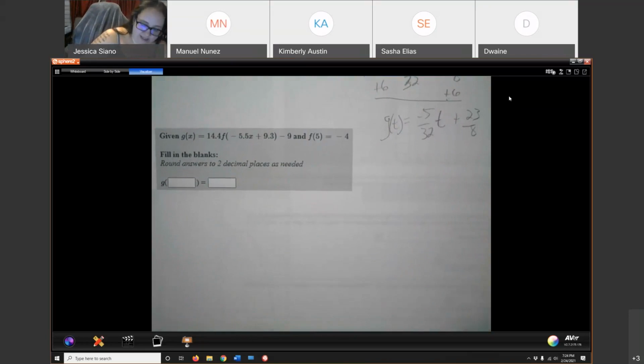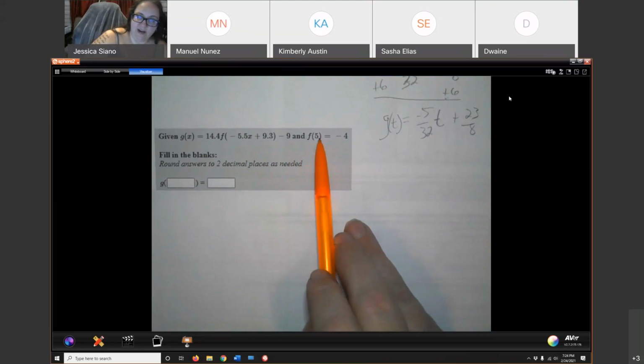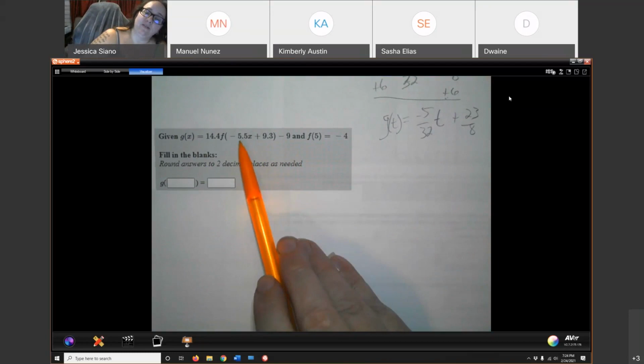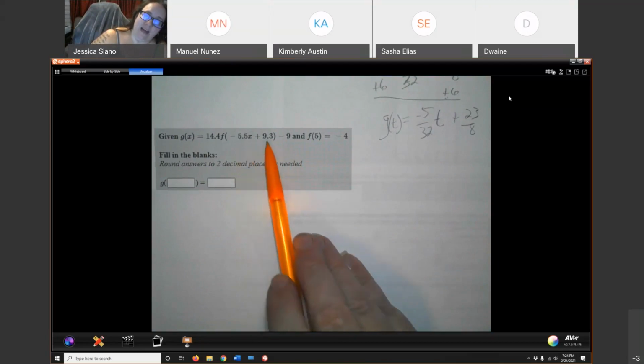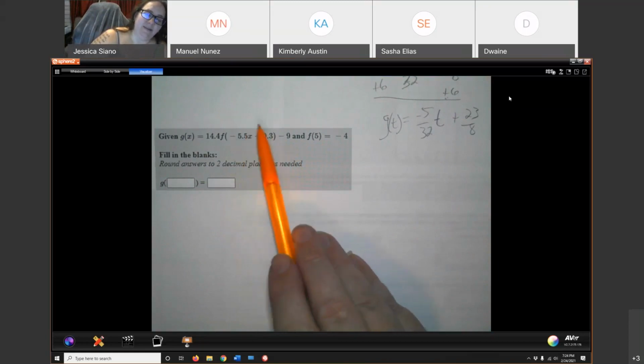All right, so for this next one, when we have this weird transformation rules question, you start on the inside here. And if you were going to plug this 5 in, what you would want to do is multiply by -5.5 and then add 9.3. But on the inside, we do the opposite operations in the opposite order.